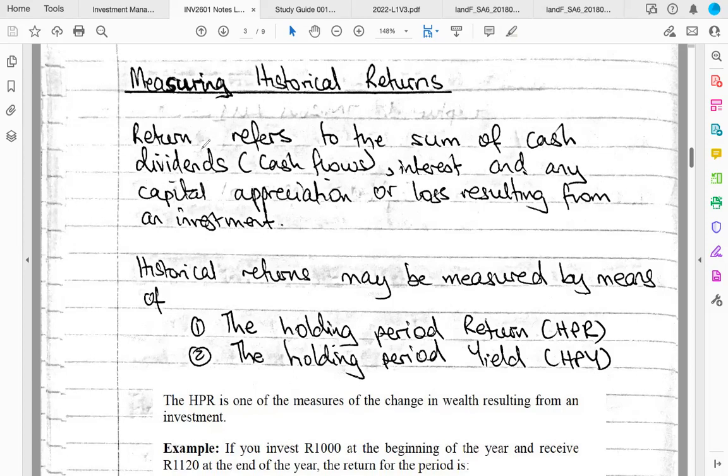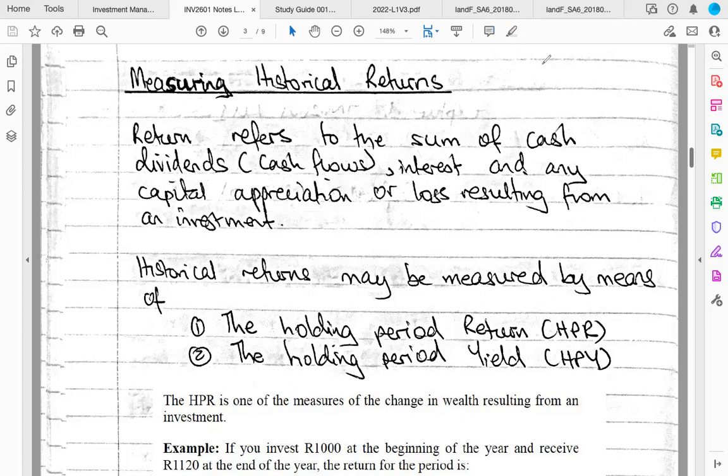So when we talk about historical returns, we are basically talking about when an investor holds an investment and they get returns on an investment historically, their returns can come from two sources. The returns can come from cash flows, or the returns can come from capital appreciation or loss, right, resulting from the investment.